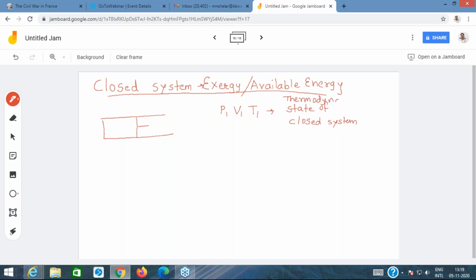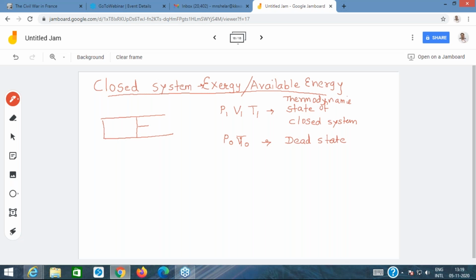And let us assume that the dead state is defined as P naught and T naught. These are the parameters of the dead state, which means you can assume that the pressure is the atmospheric pressure P naught and the temperature is the atmospheric temperature T naught.